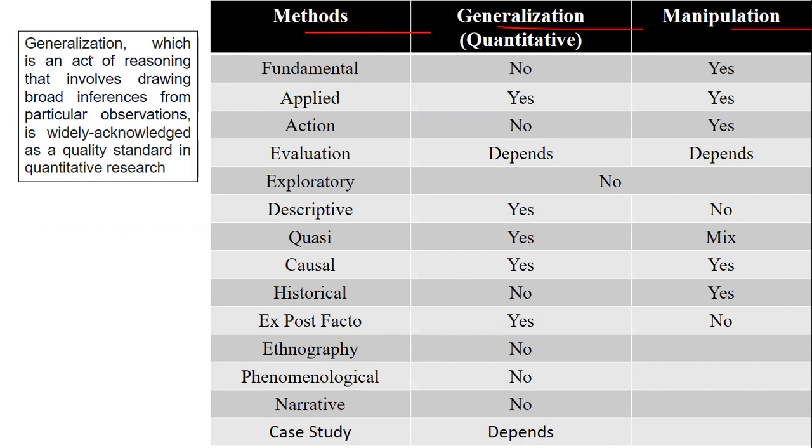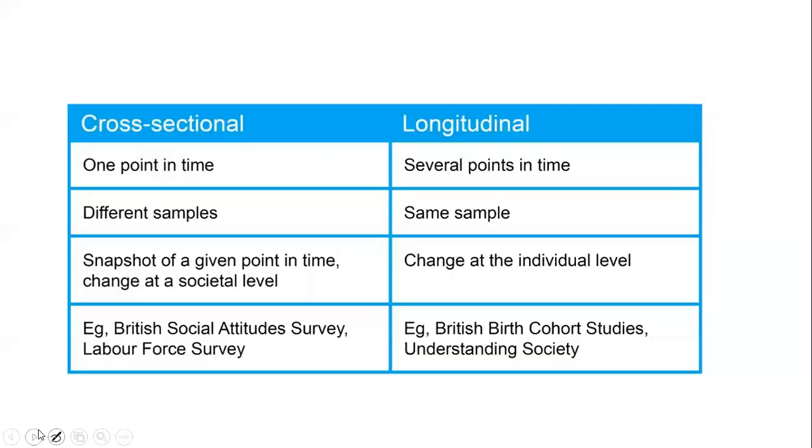Okay. Now, coming to the next, cross-sectional and longitudinal research. Here also a lot of students get confused between cross-sectional and longitudinal research. So let's see. Under cross-sectional, we have one point, that is, it is at one point.